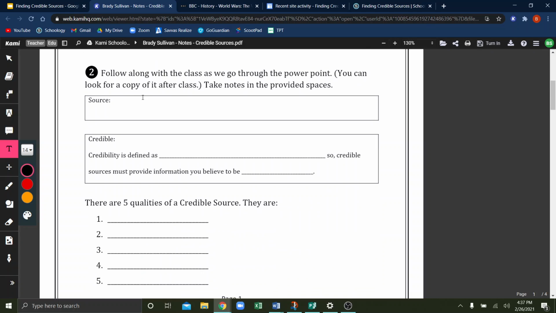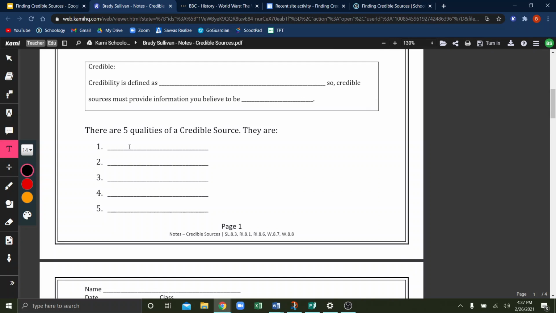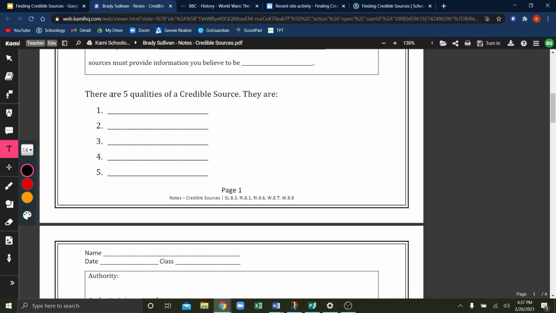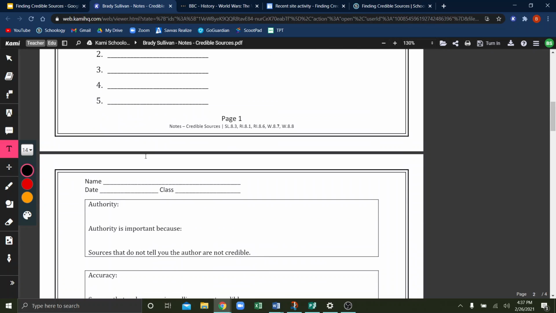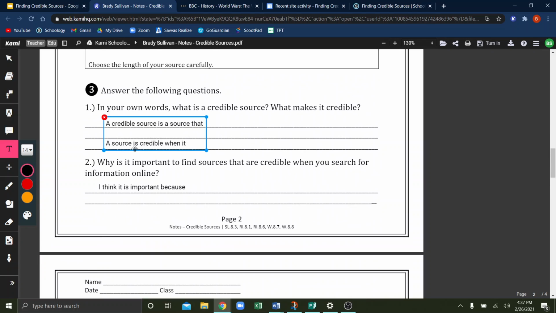It means that it is something to be believed, something with a good reputation, something that is helpful. It's something that has authority, that has currentness, that has accuracy, that has objectivity, and that completely covers the topic.